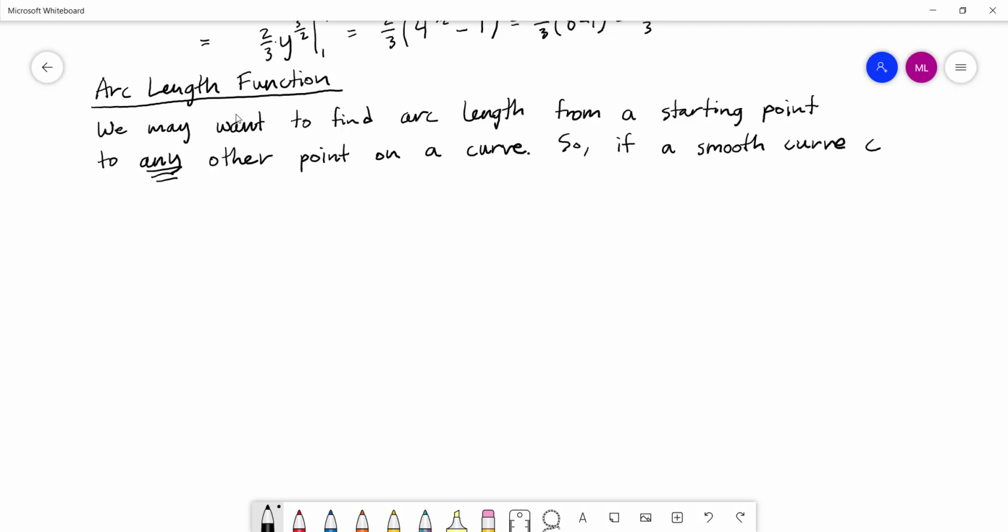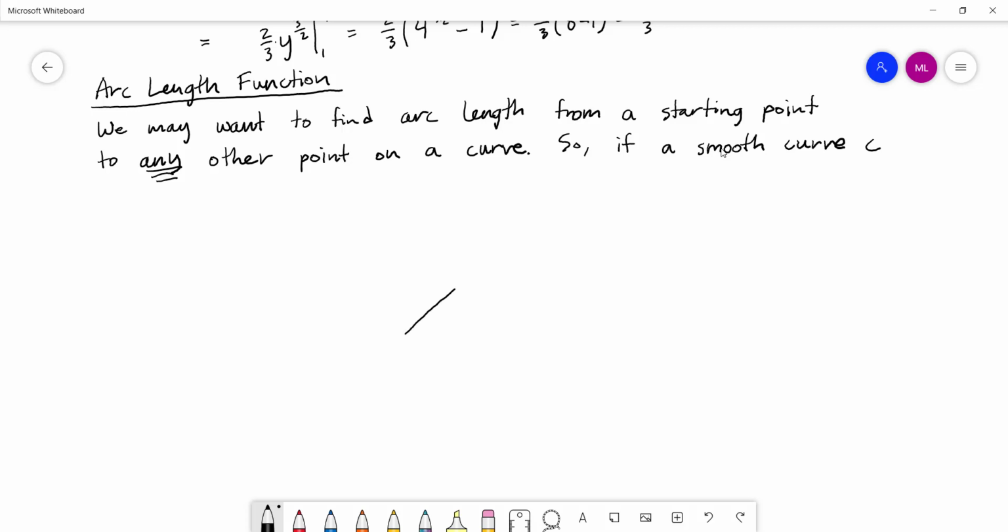And smooth is an important concept in calculus. Let me just mention this. I won't go into detail. You'll go into a lot more detail if you take more advanced math classes. But smooth actually has a technical meaning when it comes to calculus. The smoothness of a curve has to do with the derivative, right?